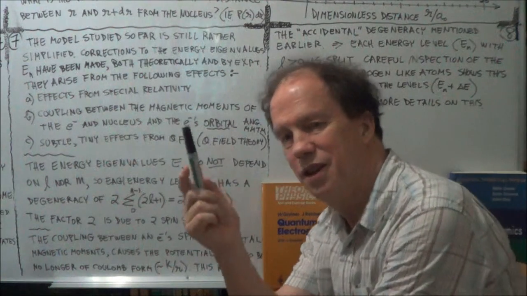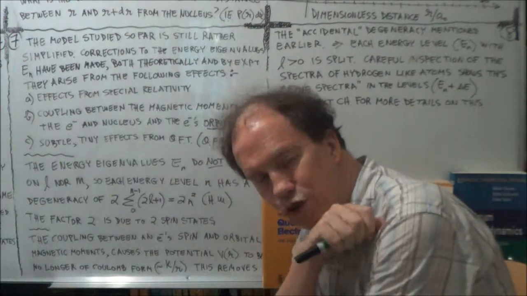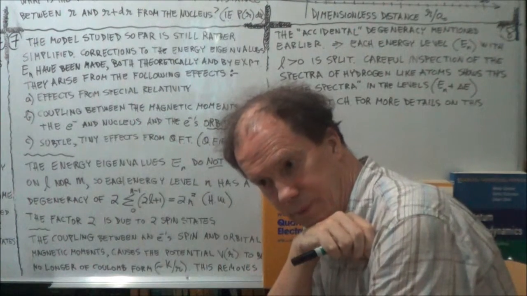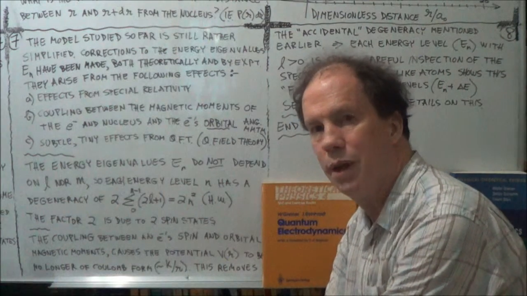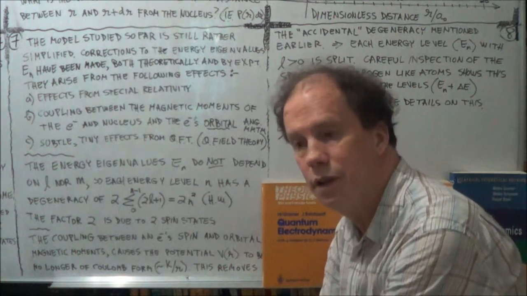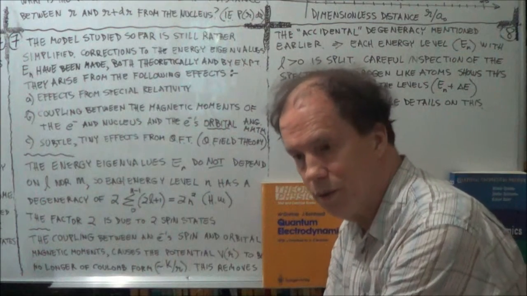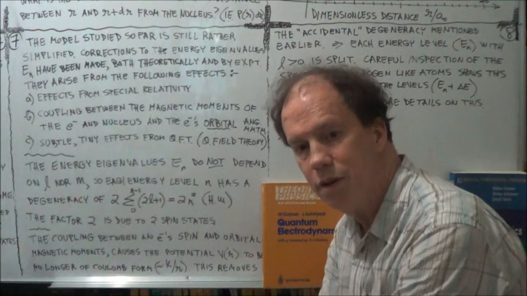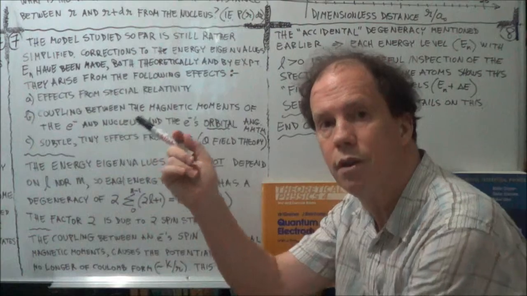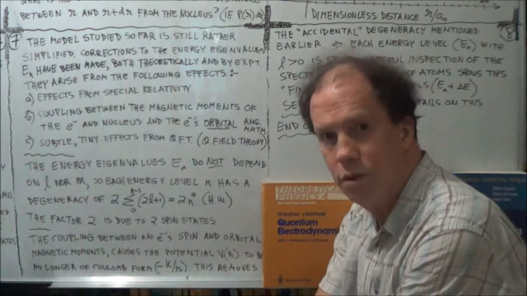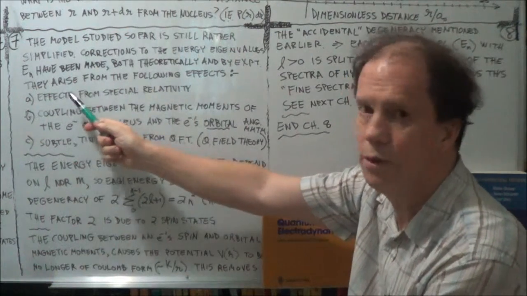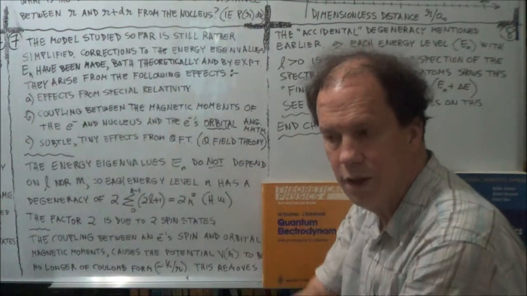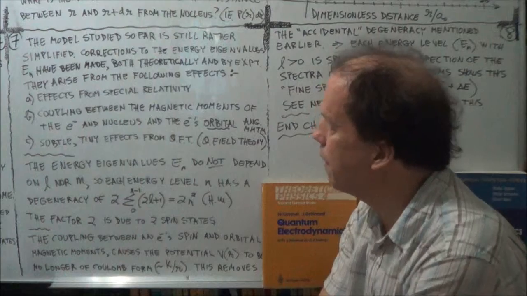Bottom line is that when you have a relativistic treatment of quantum mechanics, and you apply the Dirac equation to the hydrogen atom, you do get differences from what we've done so far due to the relativistic effects. So special relativity will change the energy eigenvalues somewhat, right?